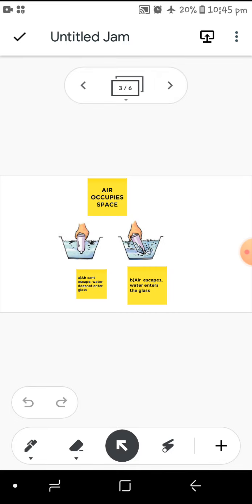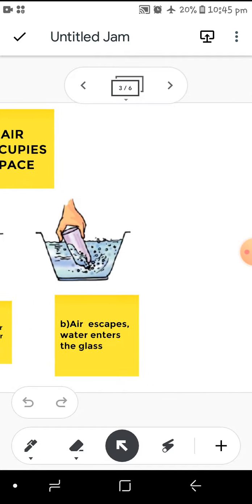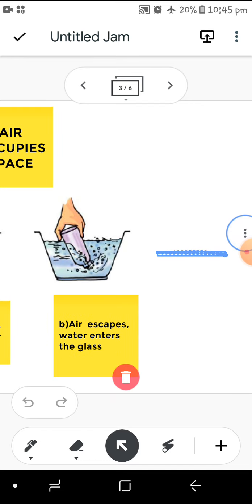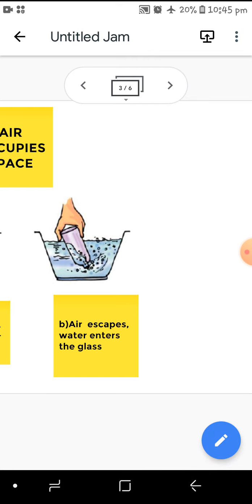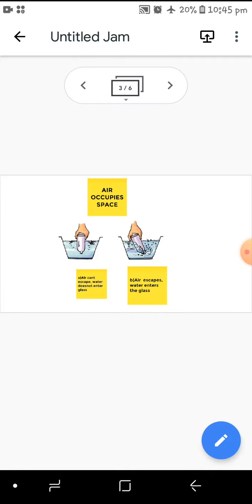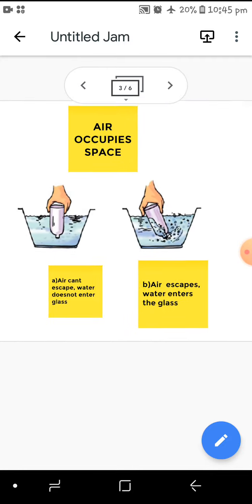Now, air is matter. It occupies space and it is present everywhere. How can you prove that air occupies space and is present everywhere? For this, you need a glass, some water, and a vessel.